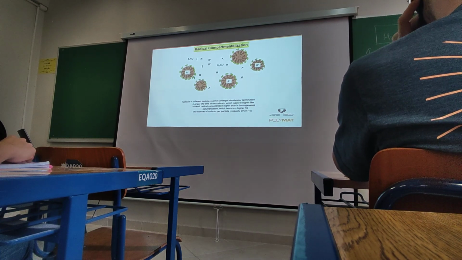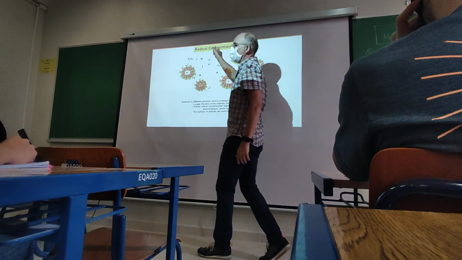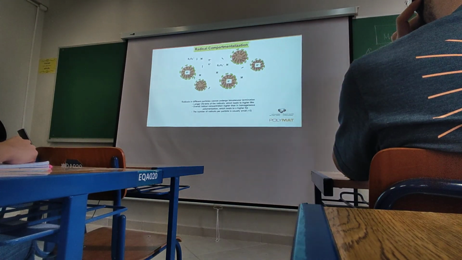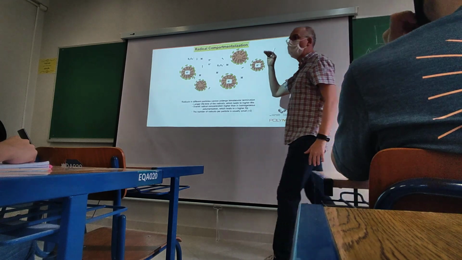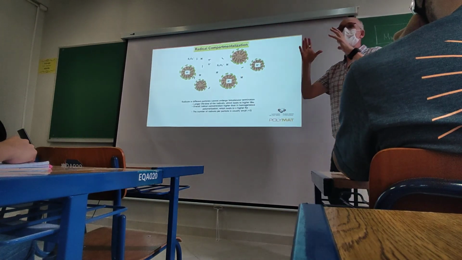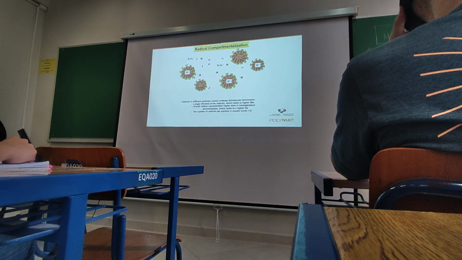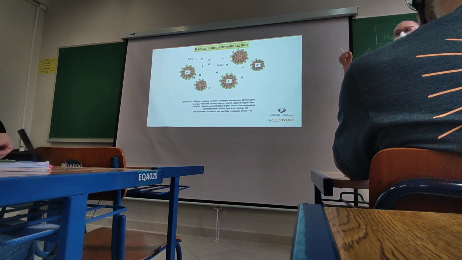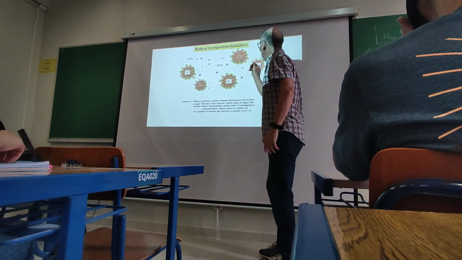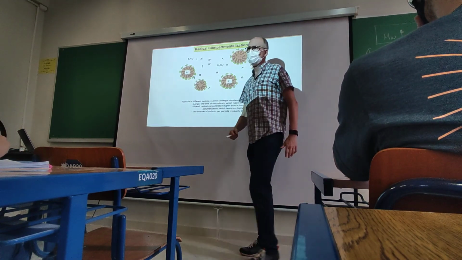Okay? And this is possible because of radical compartmentalization. This is the concept that you have to understand for emulsion polymerization to understand why this is unique with respect to homogeneous systems. What is the radical compartmentalization? Radical compartmentalization means that in emulsion polymerization, the radicals are not in a homogeneous system. The radicals are distributed in the different particles.